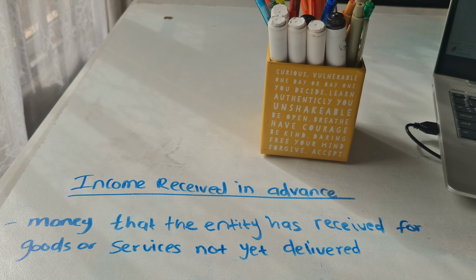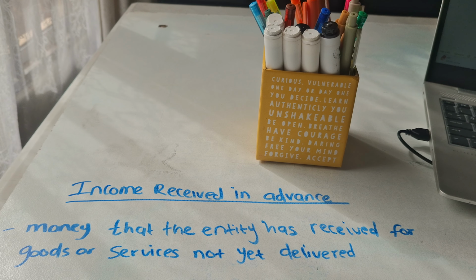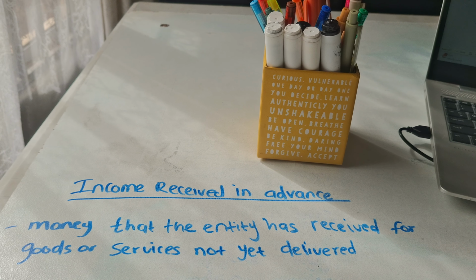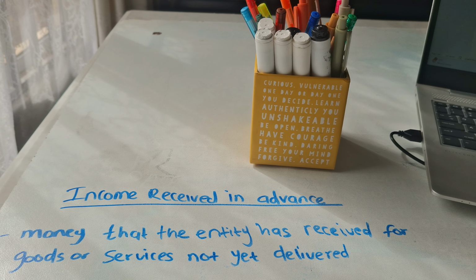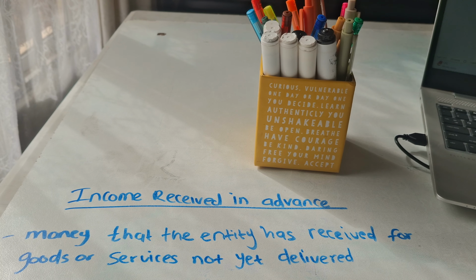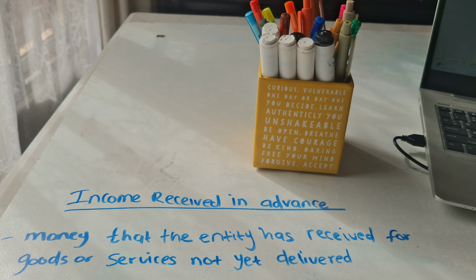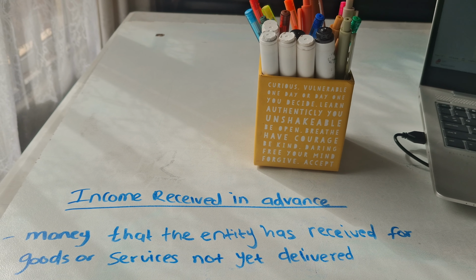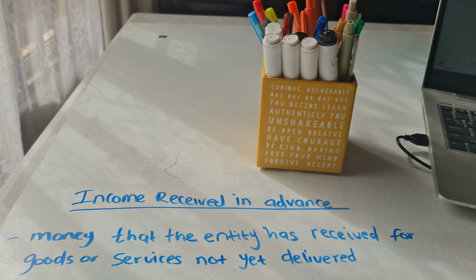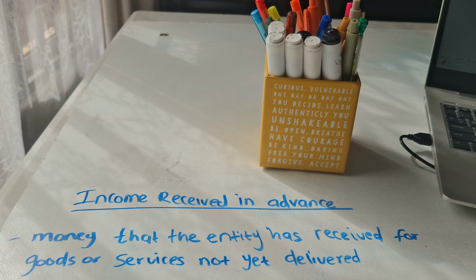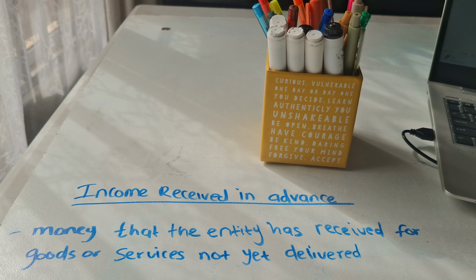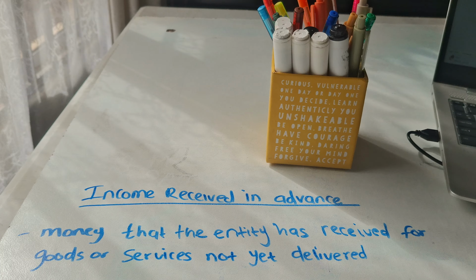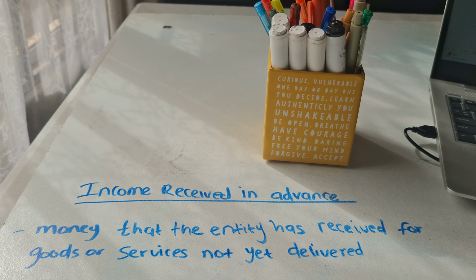But because we have not rendered the service or delivered the goods, we record it as a current liability. Say for instance the client decides they no longer want the goods and want a refund, we can still pay it. That's why we record it under trade and other payables in the current liabilities.